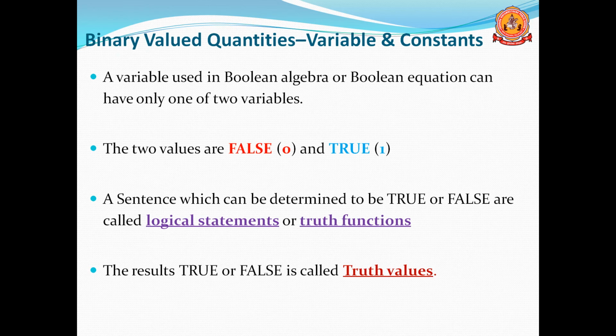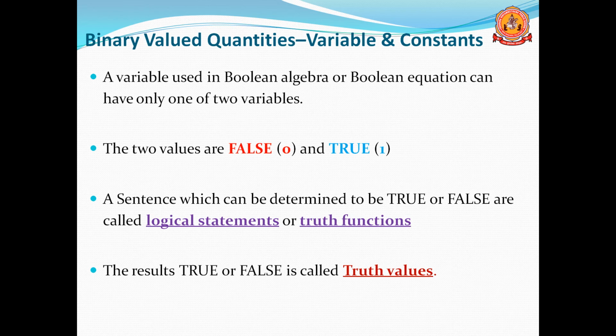A sentence which can be determined to be true or false: if we take any sentence, its answer or result is either true or false. Such statements are known as logical statements. We can say yes or no, or we can say true or false.